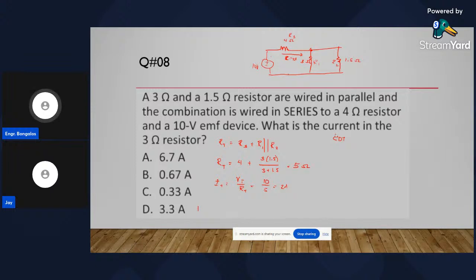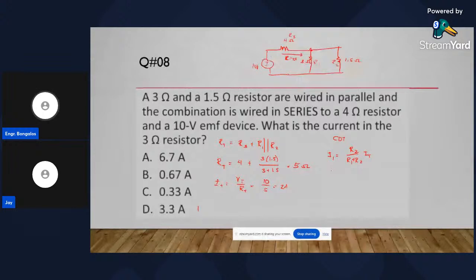Ano ba yung Current Division Theorem? Ito lang siya. Kung gusto natin hanapin yung current sa 3 ohms resistor, so let's say R1, so I1 yung hahanapin natin. So, I1 is equal to R2 over R1 plus R2 times I total.